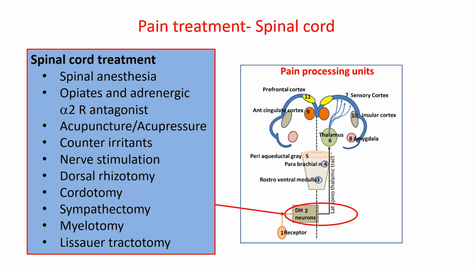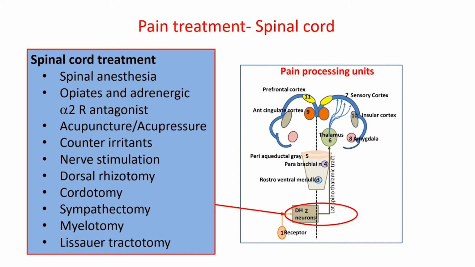They will block the pain, especially the epidural may be blocking only the transmission of impulses to the spinal cord, or in the subdural or spinal anesthesia wherein it will block all the information reaching up above.